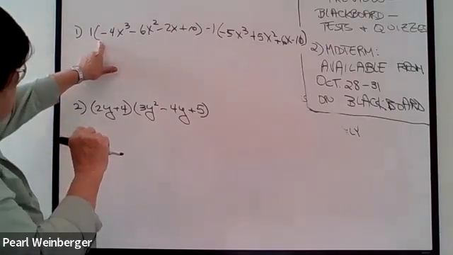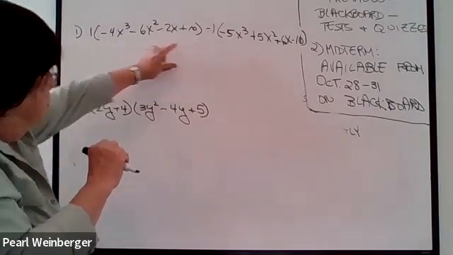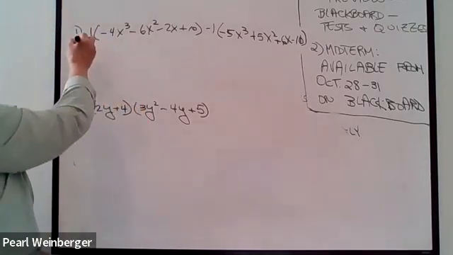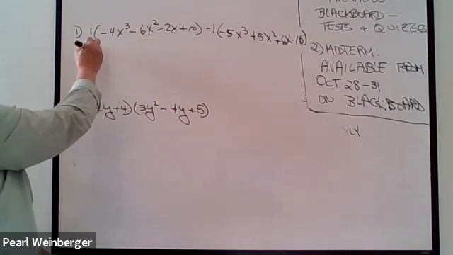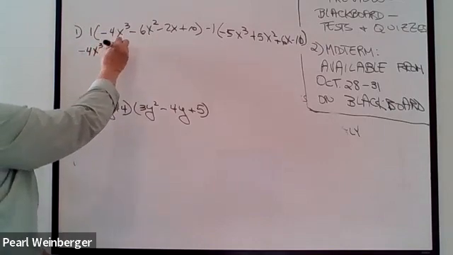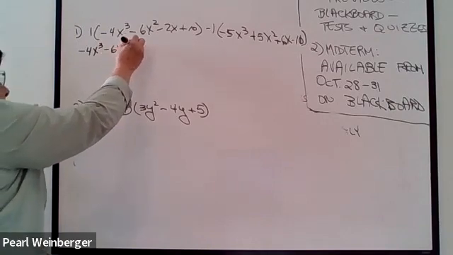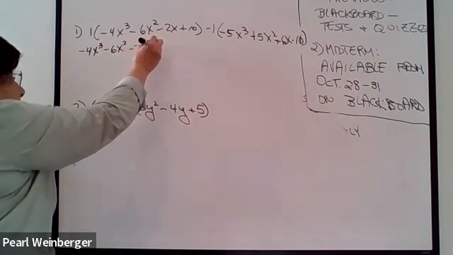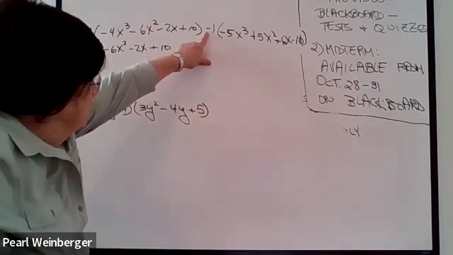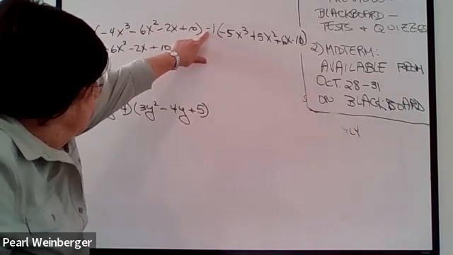The first parentheses will just multiply everything by +1, which means don't change anything and just leave it -4x to the third minus 6x squared minus 2x plus 10. In front of my second parentheses, there is now a -1.